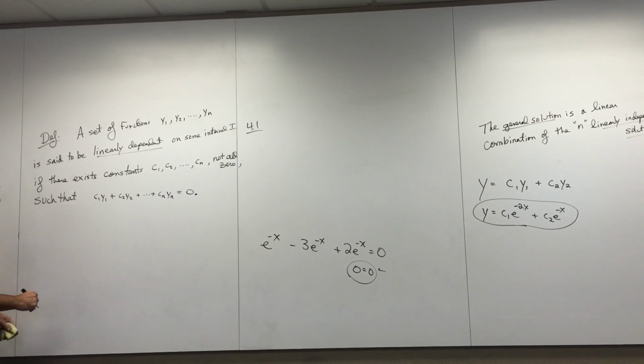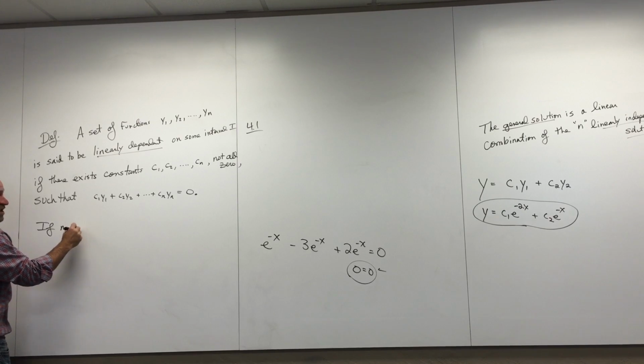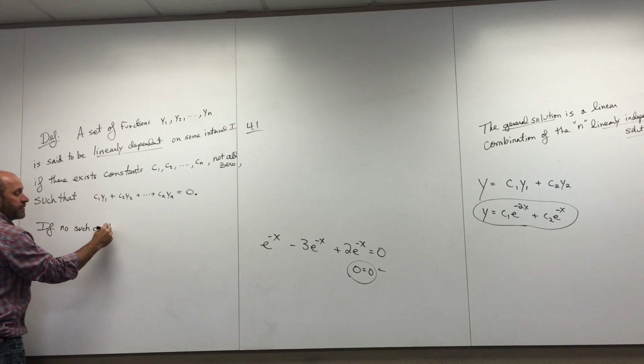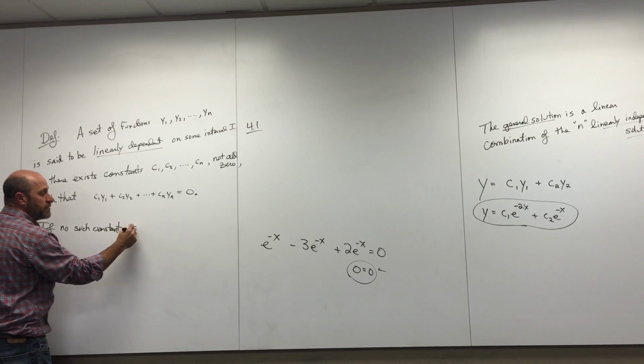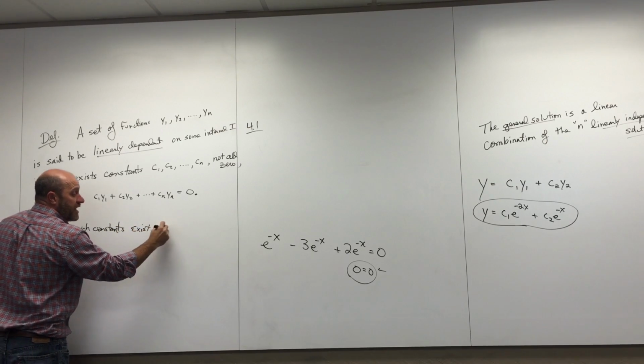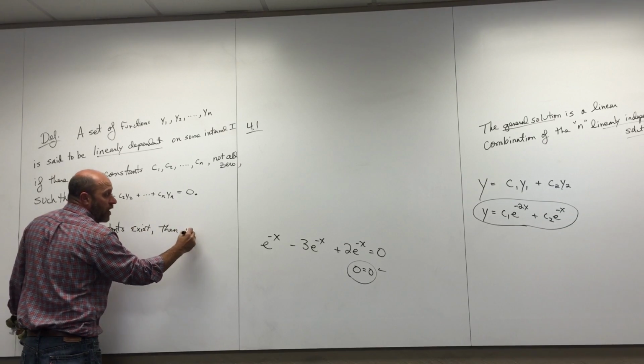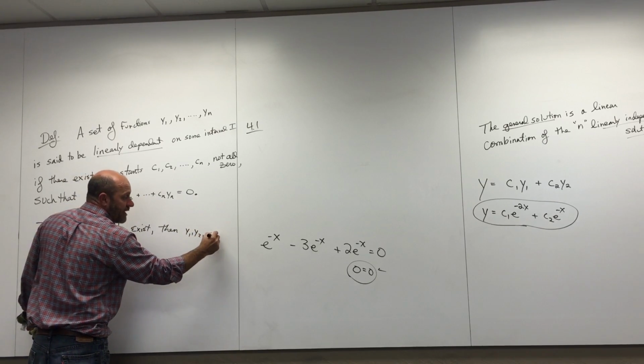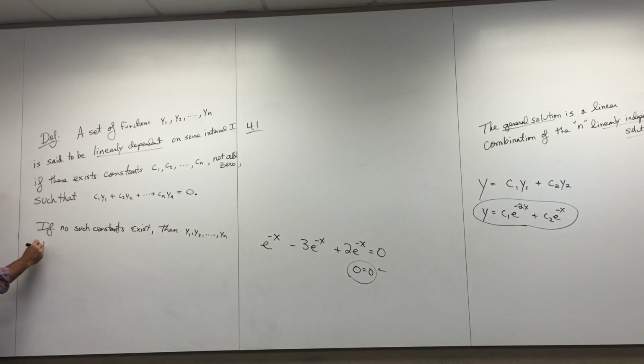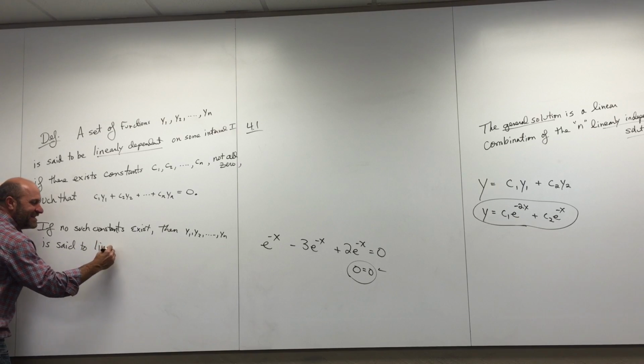Here's what the definition says: if no such constants exist, if we can't find these constants, then the set of functions y1, y2, ..., yn is said to be, in other words, if it's not dependent, you know what it is? It's independent. Linearly independent is the phrase.